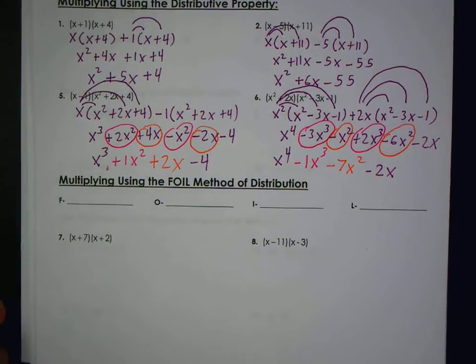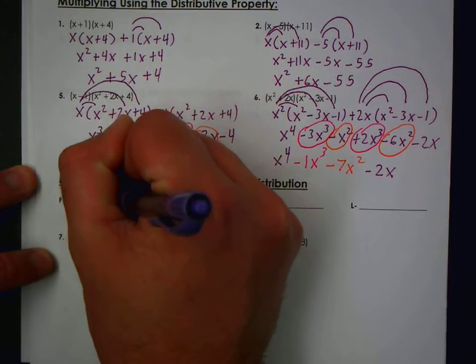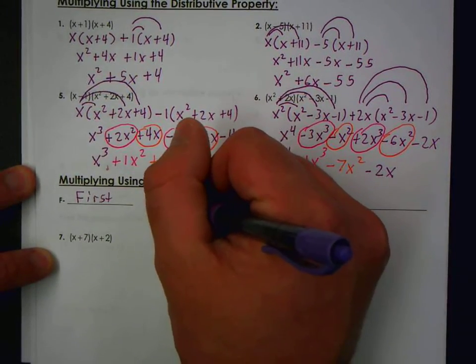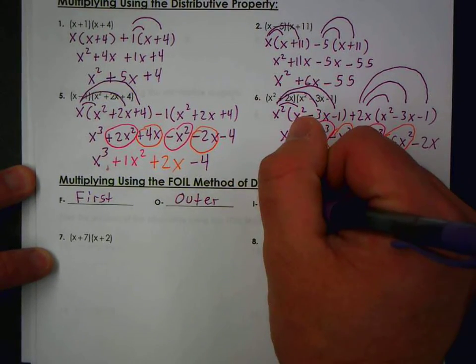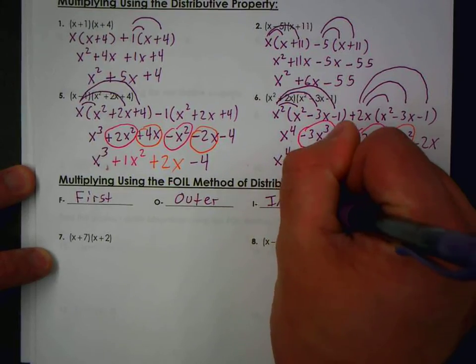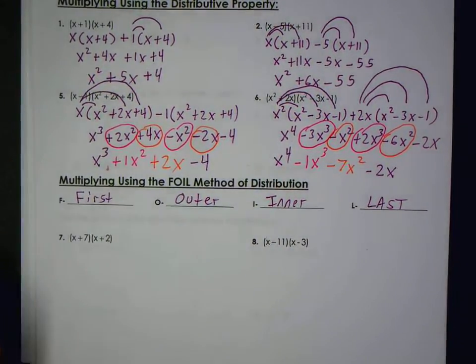Now, there's also another way of doing this, and it's called FOIL. F stands for first. O is outer. And then inner. And then last. You guys remember that method?